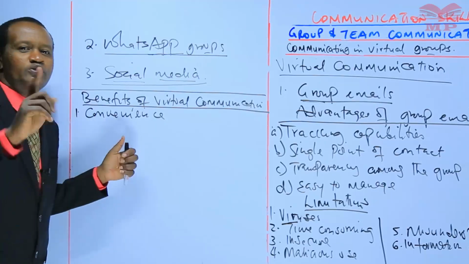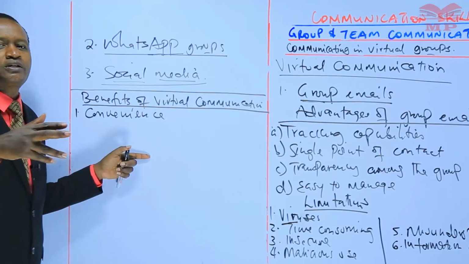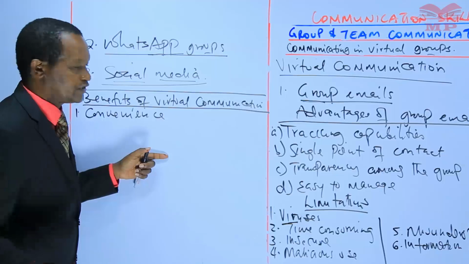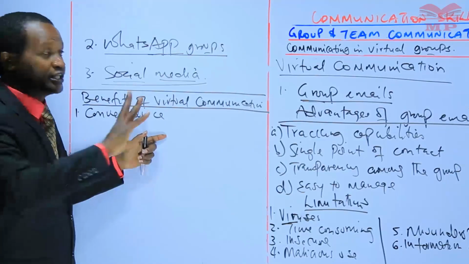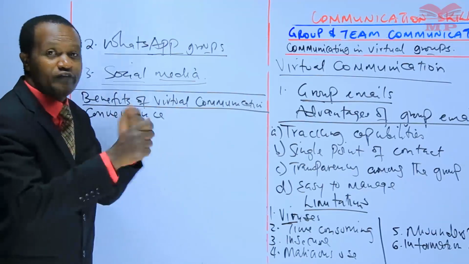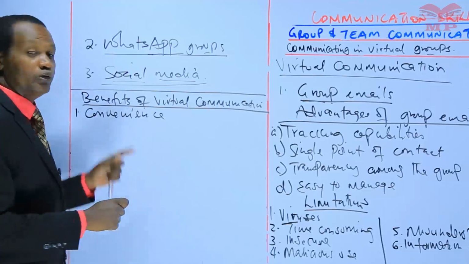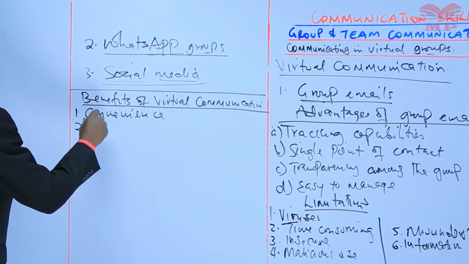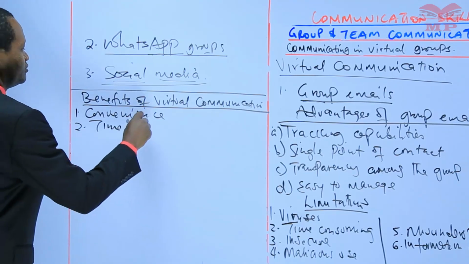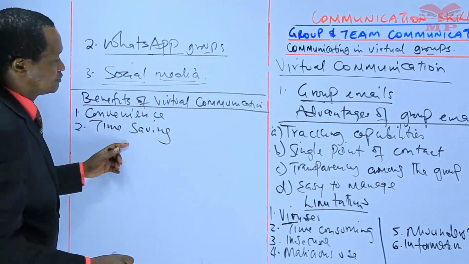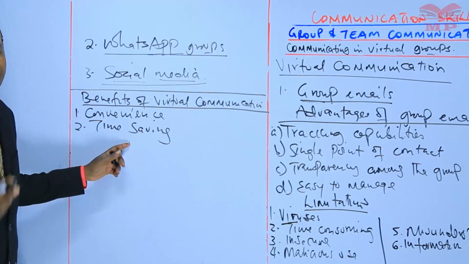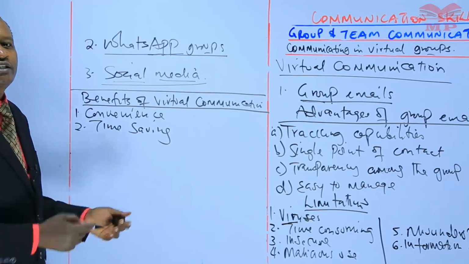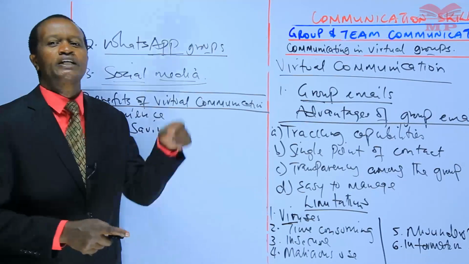And that reduces frustration, especially when people are busy or are caught up in traffic or are busy elsewhere. You can communicate without necessarily traveling to meet. Convenience. Time saving. There is no need for a physical meeting to communicate.